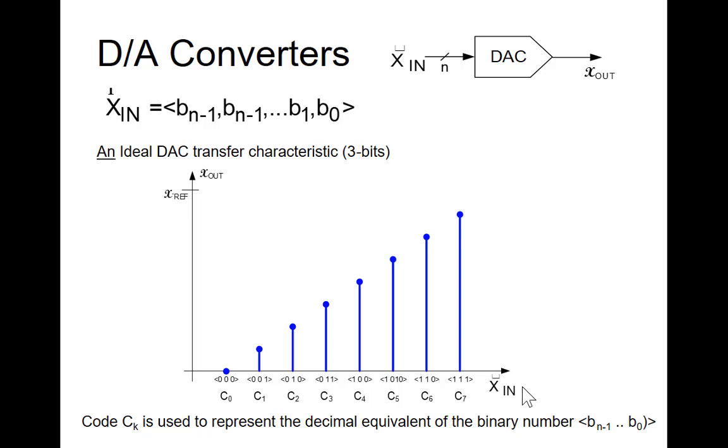These are code representations of the corresponding binary input. So code C0 corresponds to 000, and C7 corresponds to Boolean signal 111.